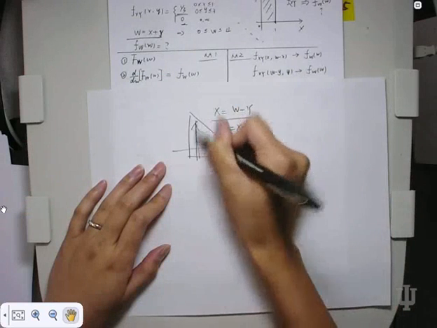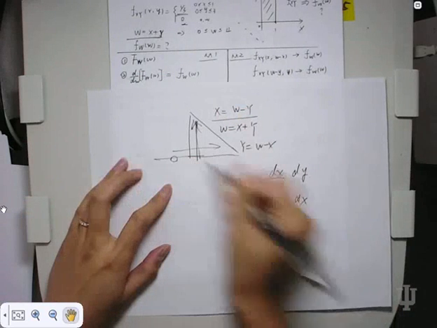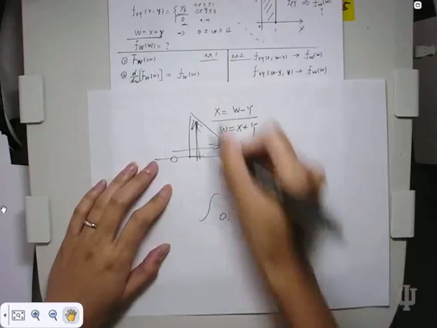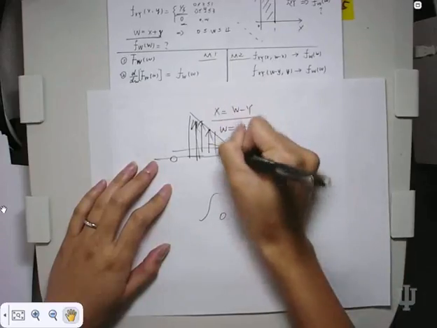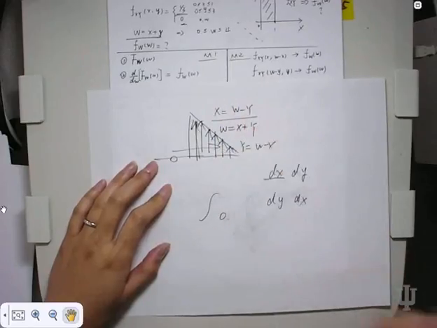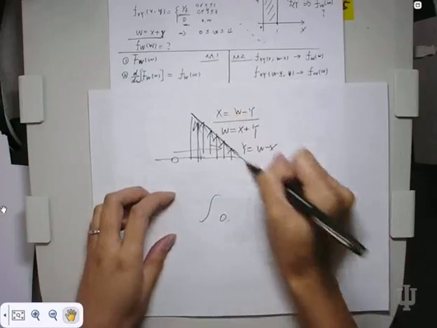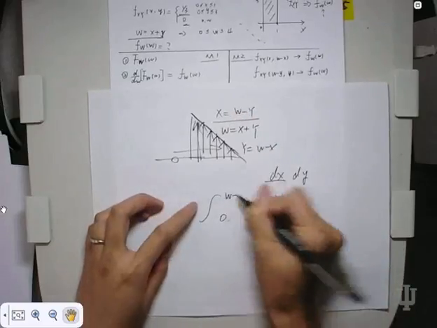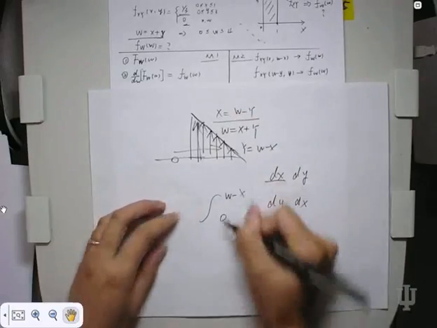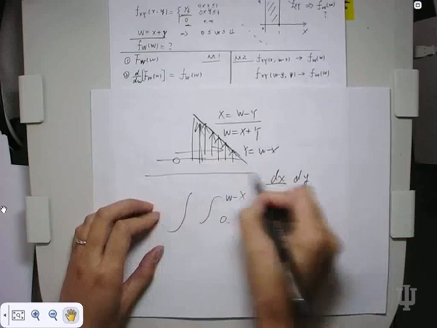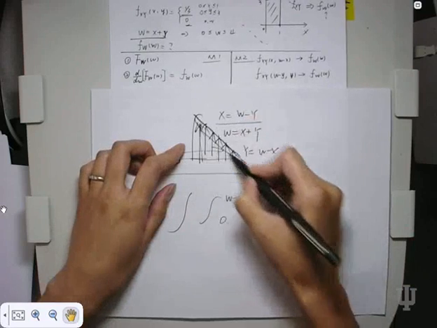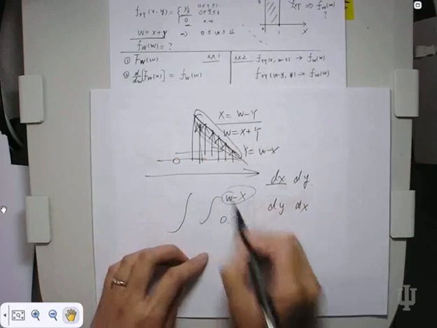So y is starting from 0, ending at this line. First, I need to take care of this line, and that is W minus x, yes.